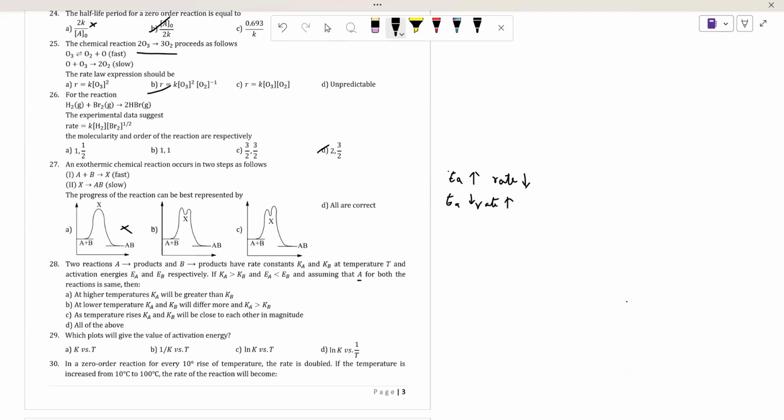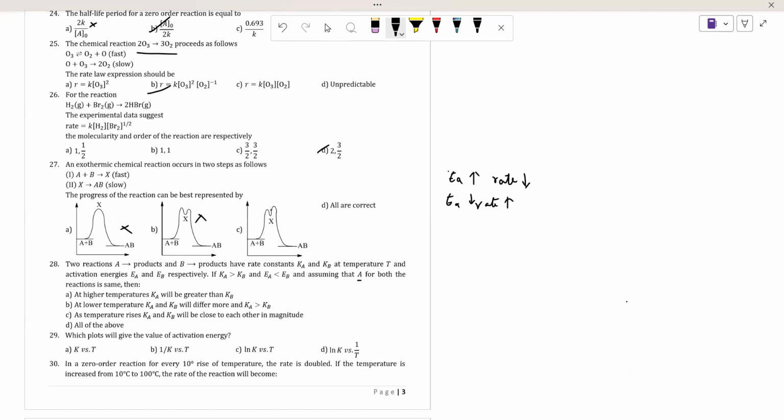So now let us check options B and C. In case of option B, the first transition state's activation energy is higher than the second reaction's transition state energy, and hence this is also wrong. Option B is wrong, and the only possibility is option C. So we will also try to prove whether it is correct or not. Look at this.